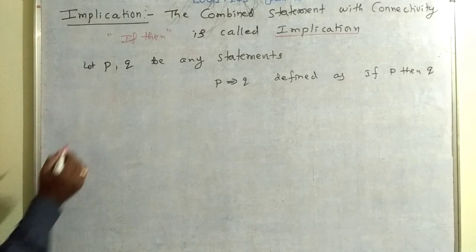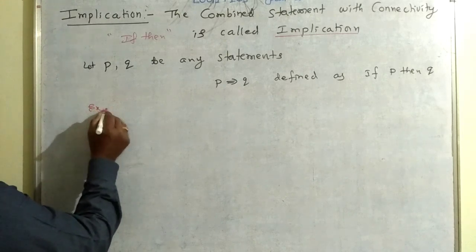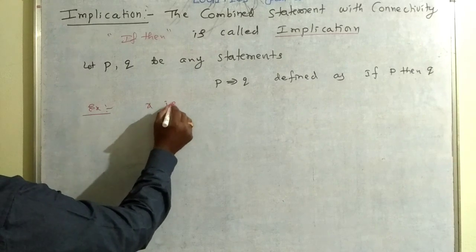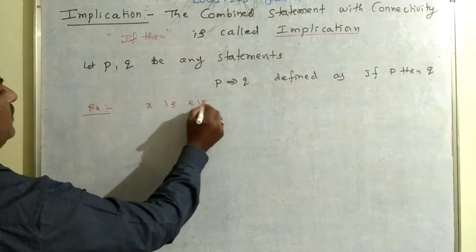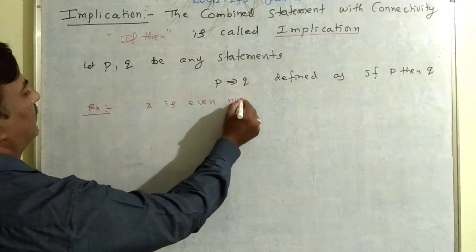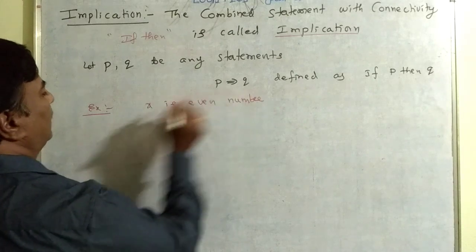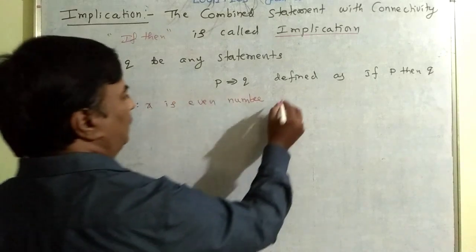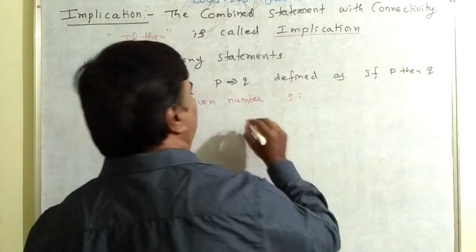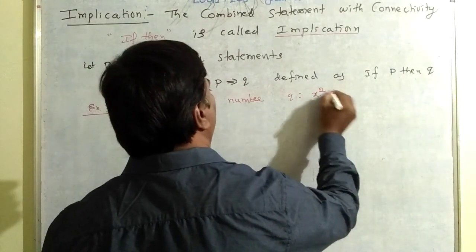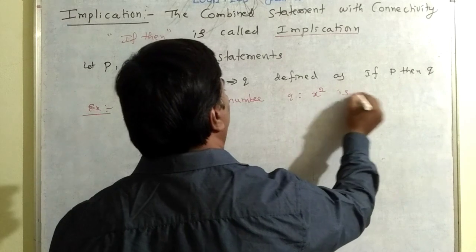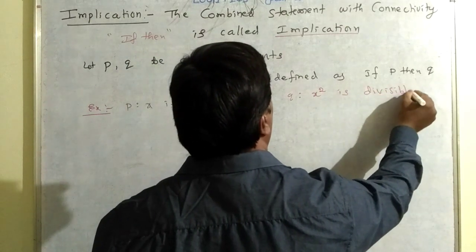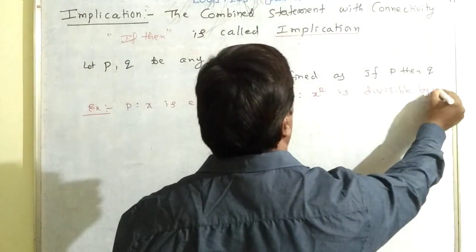Let's consider one example. X is an even number is the statement P. Next, Q is another statement: X square is divisible by 4.